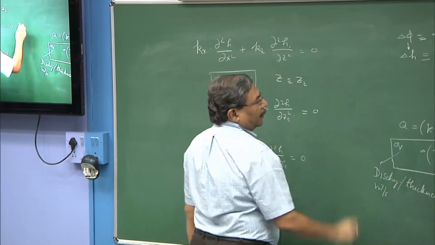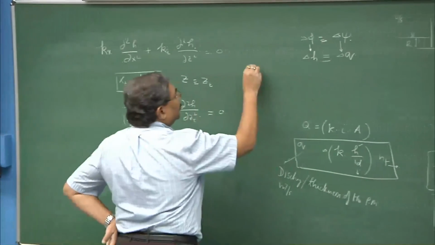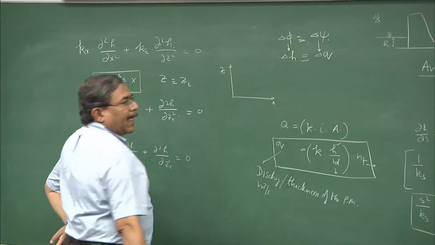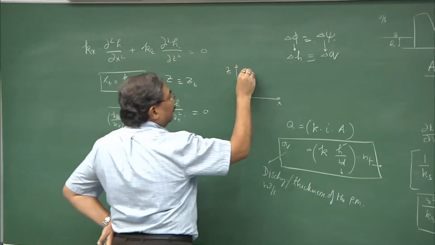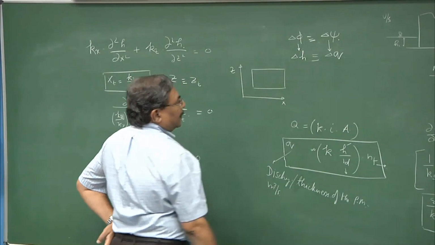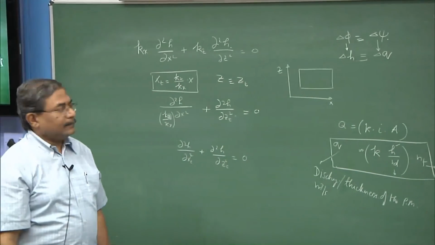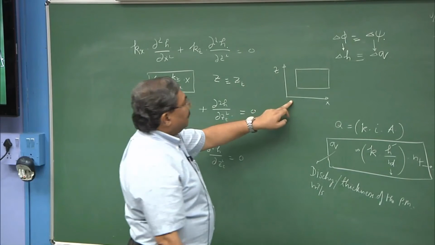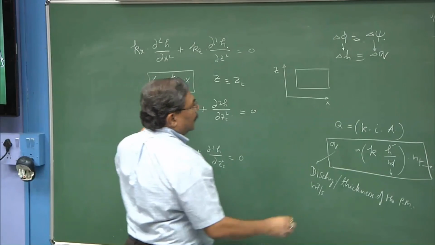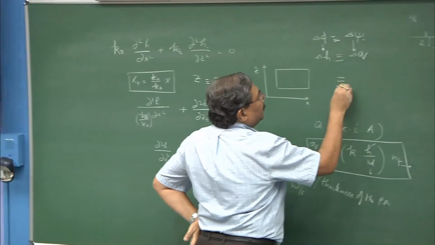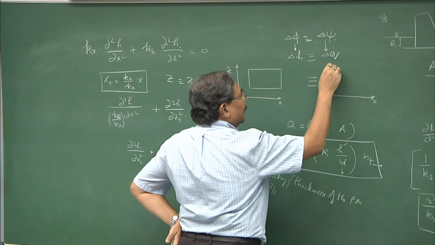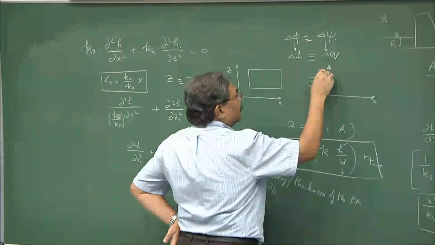So, the flow net which we have been talking about on the x z plane, suppose which was a rectangle. Why? Because we have k z and k x. This can be transformed to a scale x and z t.